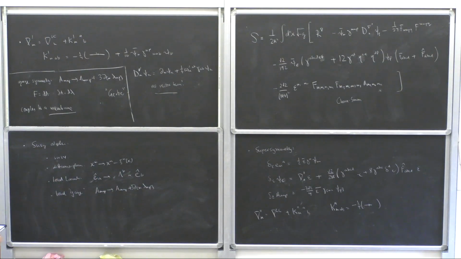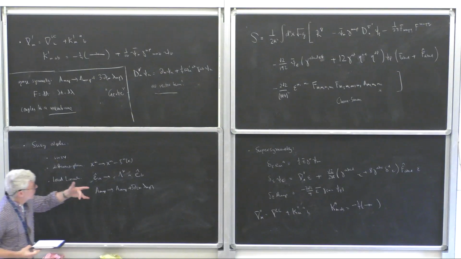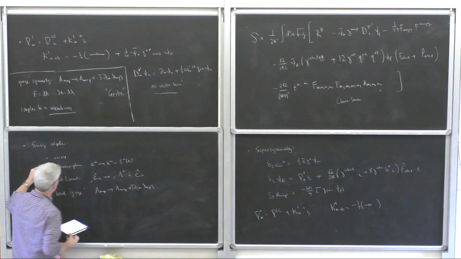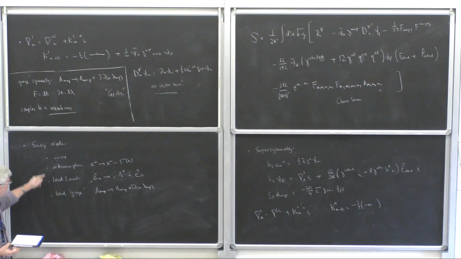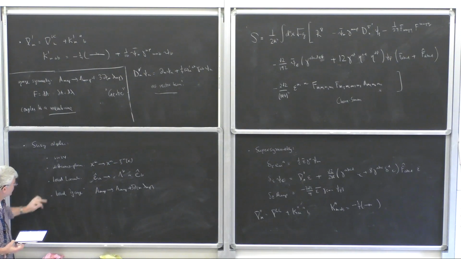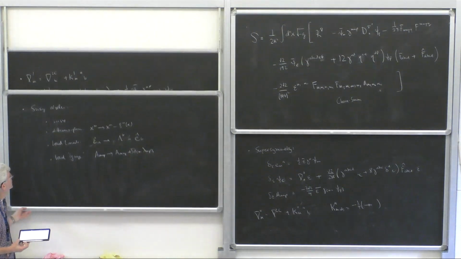So if you remember before, what we found was that when we did the anti-commutator of 2 supersymmetries, it generated a diffeomorphism, but it also generated each of these other things. It also generated local Lorentz and SUSY. And what's going to happen now, it's also going to generate a local gauge.